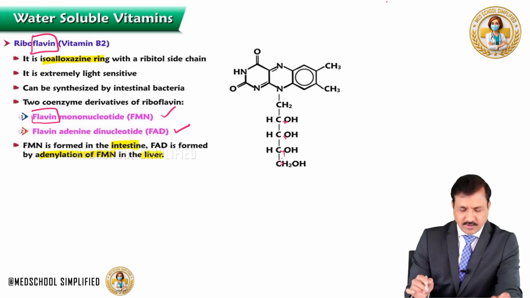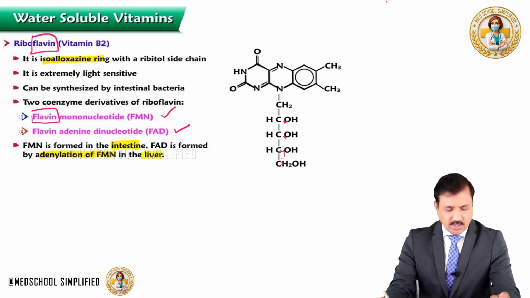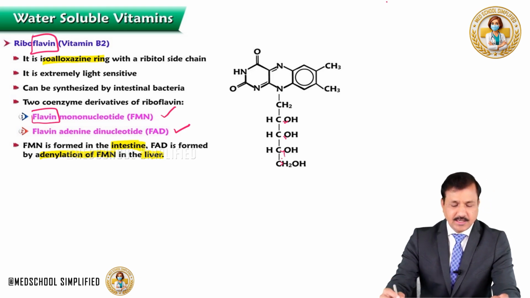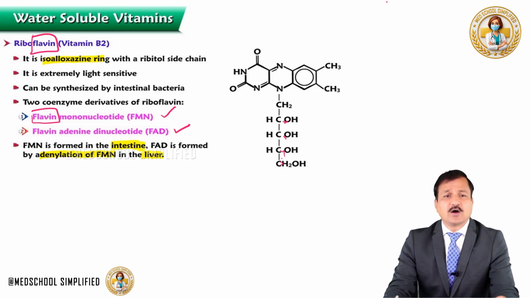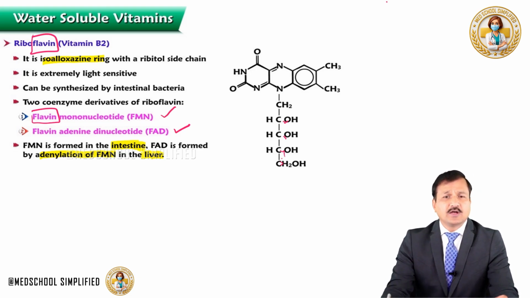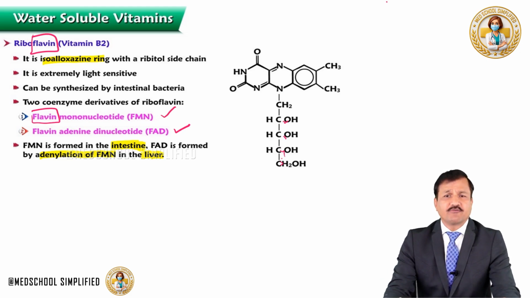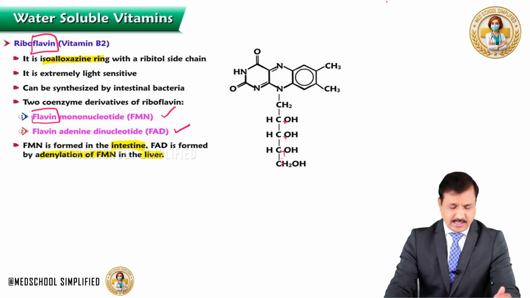You have to be careful to know the location of FMN and FAD formation. To repeat once more, FMN is formed in the intestine and FAD is formed after adenylation. Adenylation means addition of the base adenine to FMN, so that makes Flavin Adenine Dinucleotide.